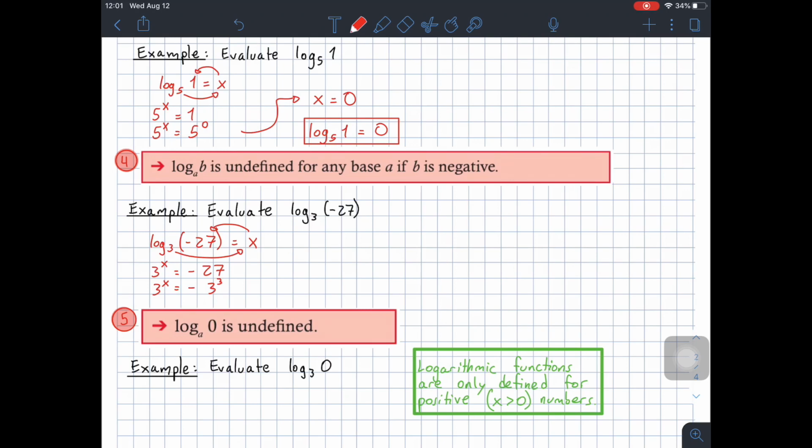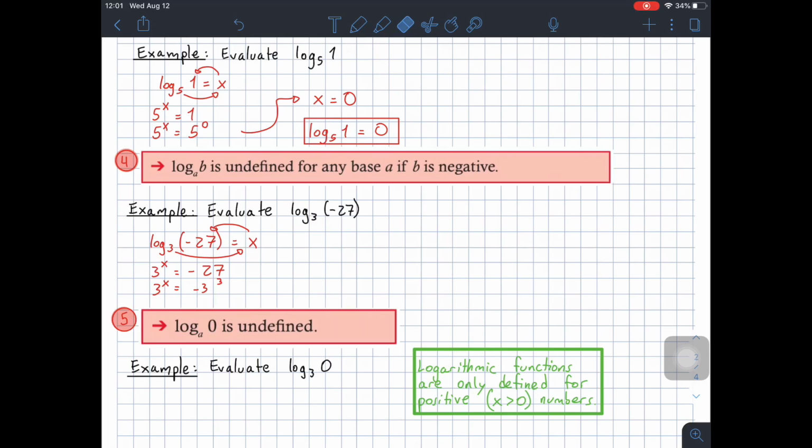Actually, it's better if I write this as negative 3 cubed. That's better. But the problem is that there's no way that I can equate the bases, right? Because one is 3 and the other is negative 3.